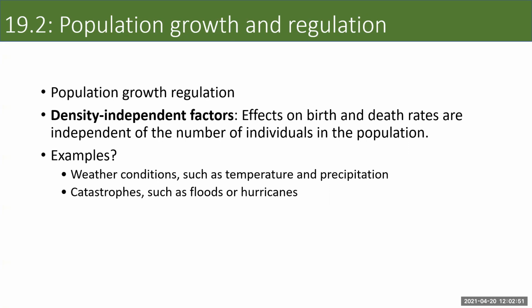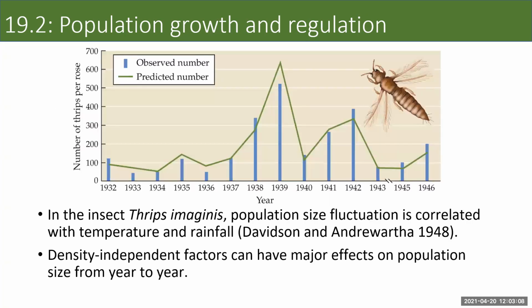You don't get an increase because your density was low, or a decrease because your density was high. You basically get an increase in density whenever you have quote unquote good years and bad years in terms of weather conditions. Those changes in population size are really independent from the initial density of the population.